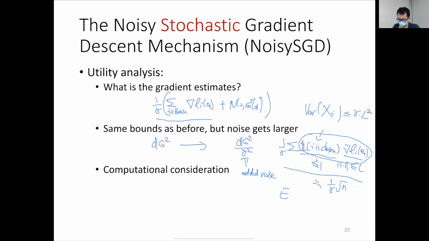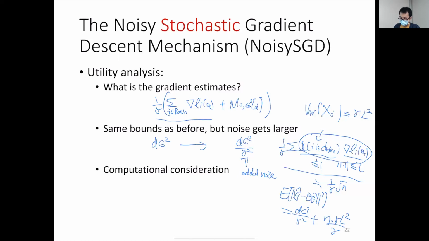So the E of this minus its expected value squared. This is proportional to d sigma square gamma plus n times gamma L square over gamma.